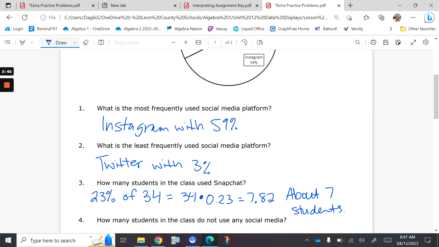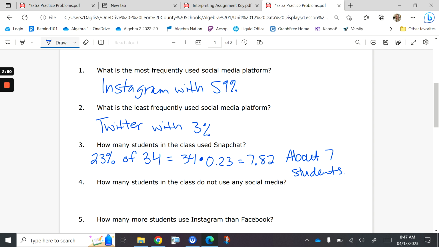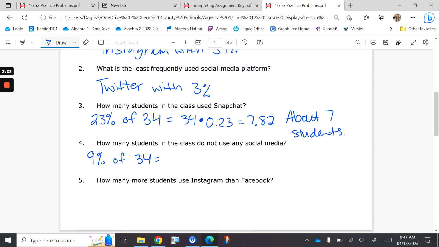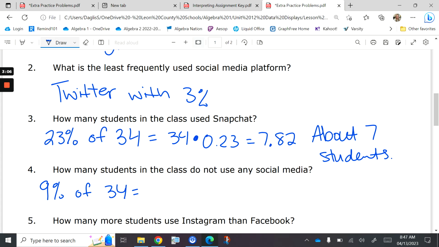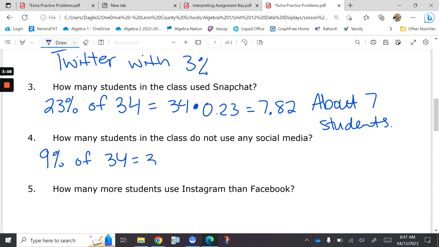So how many students in the classroom do not use any social media? Okay. So how many said none? 9%. Okay. So 9% of my 34 students. Jalen, how am I going to set that up? Oh, close. 0.09. Good. Remember, we moved our decimal back twice. So 34 times 0.09.